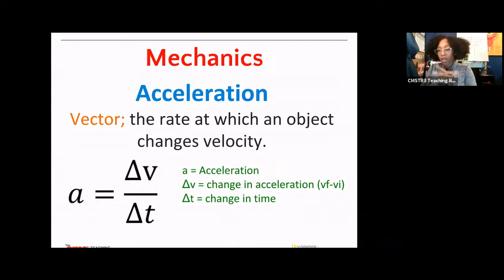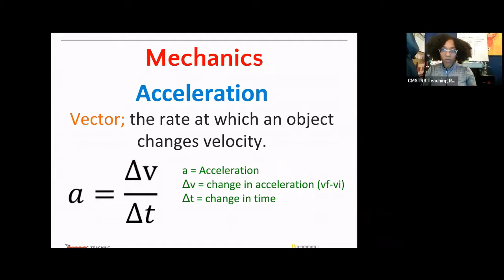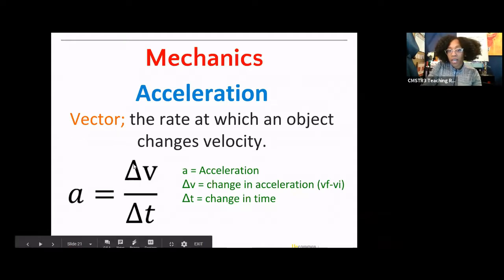Last vector I want to talk about briefly is acceleration. Acceleration is the rate at which we change velocity. So velocity is the rate at which you change your displacement. Acceleration is how much your velocity is changing throughout the whole thing. I brought this one up to help you identify this triangle.